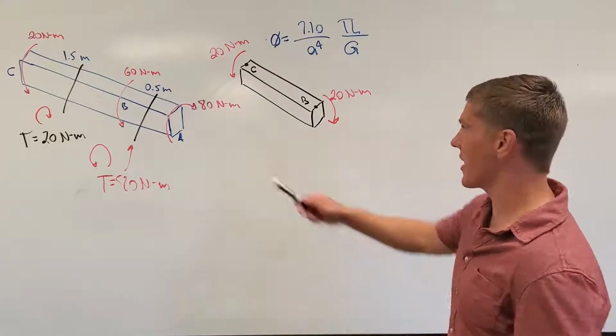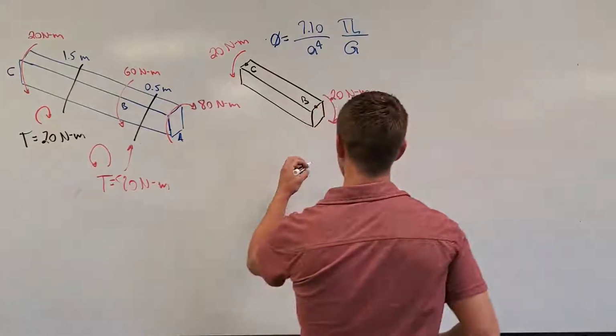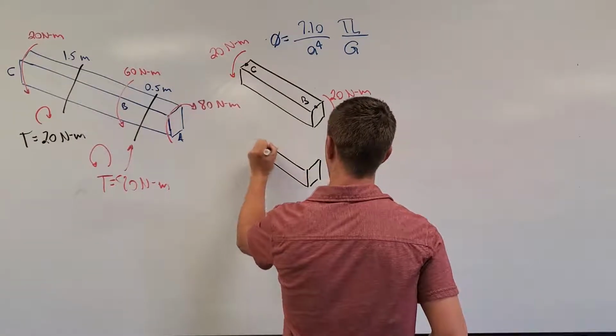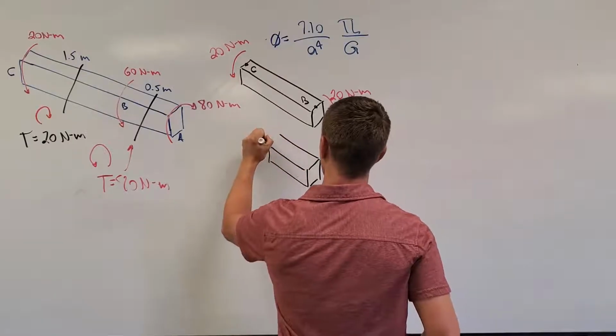Let's do the exact same thing with our shorter cut from A to B. So now we have the same cross-sectional shape. It's a little bit shorter this time, right?